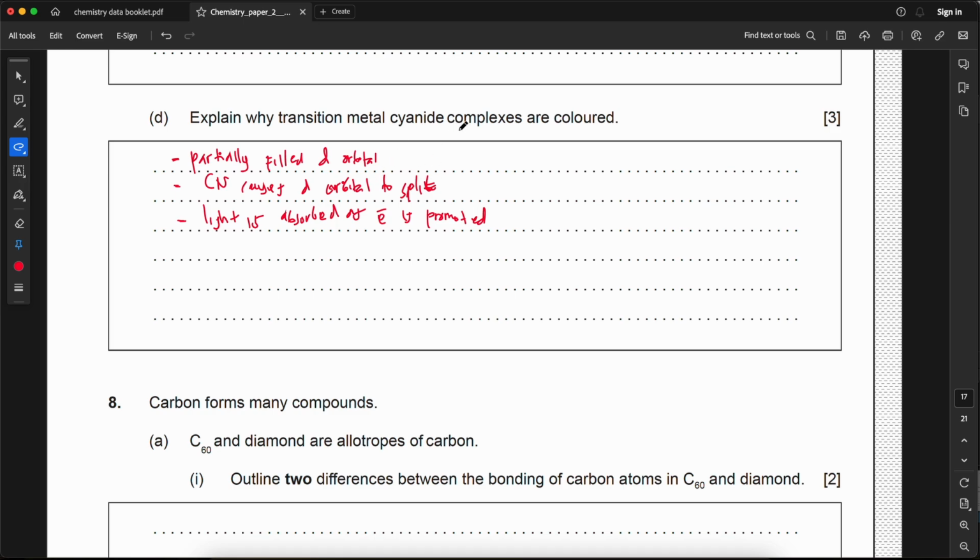There are two different energy levels, and light is absorbed as an electron is promoted. The color of transition metal cyanide complexes arises from the absorption of light energy by an electron transitioning from the ground state to excited states. So it's absorption, not emission. Okay.